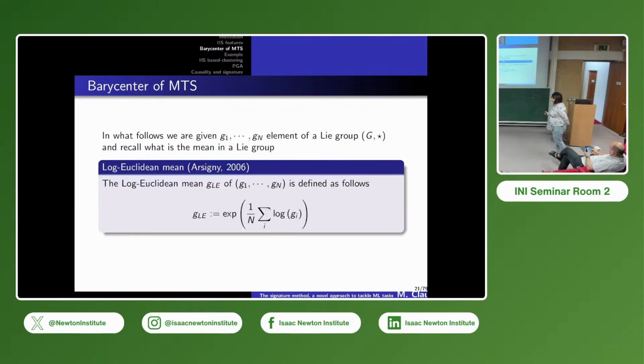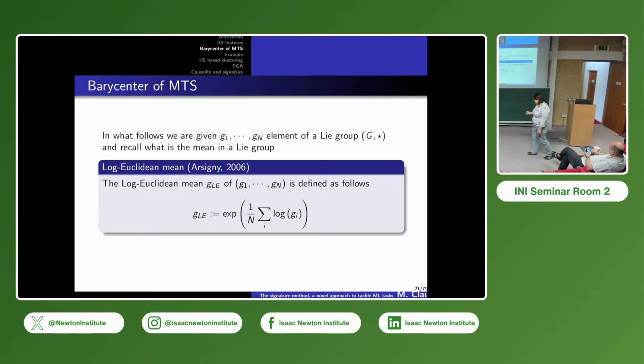So I will show you the different approaches. The first approach: you have a group, and you want to average different elements of the group. What you do is go first to the tangent space, you average, and thereafter you come back to the group. That could be a first idea.